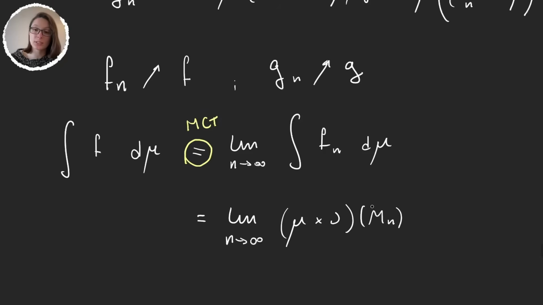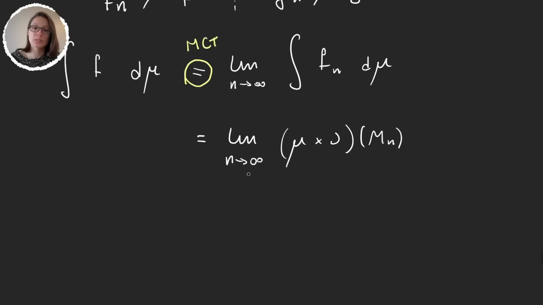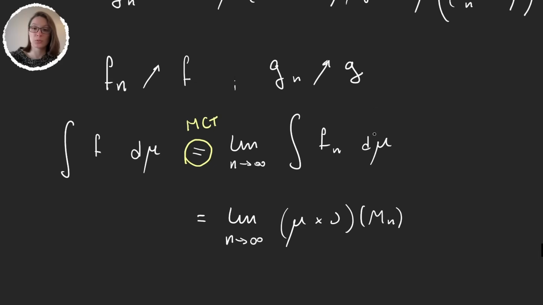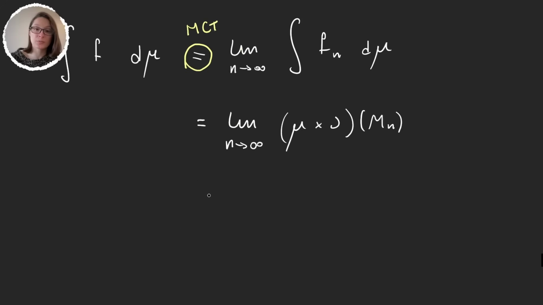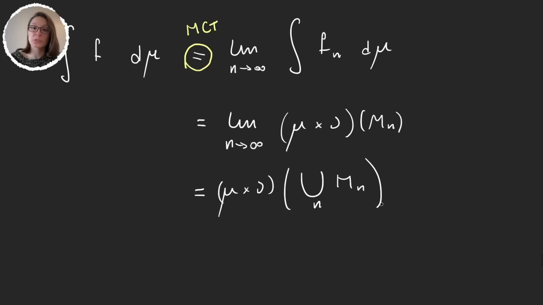Again, this is because these sets are all in the big set M, and I define these functions in the same way as the functions we had in the theorem. So now we have this limit of the measure of some sets, and these sets, because of how we define them, are increasing. So just by properties of measures, this will be equal to the measure of the union. And this is exactly what we wanted to show.